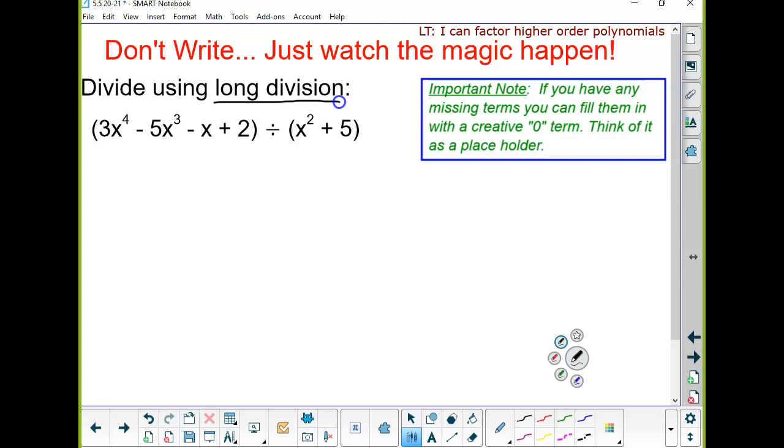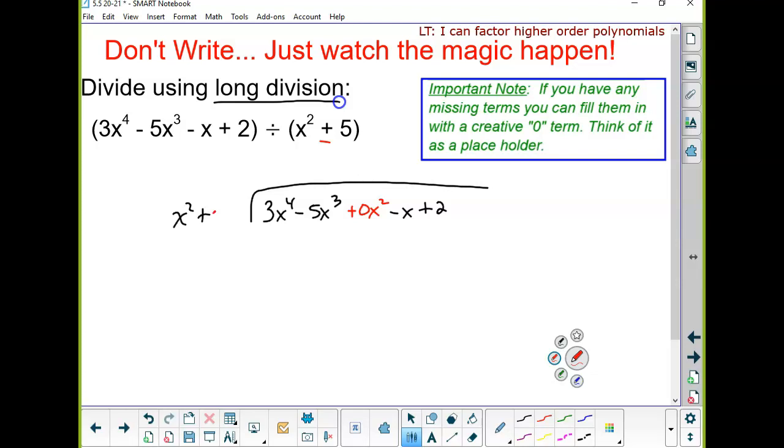So I'm going to take that expression, and I'm going to put in a creative form of 0. Right? 0 times x squared is still 0. So now I have all place values from x to the fourth all the way down to the top. And then I'm dividing by x squared plus, well, wait a minute, I have another missing term.